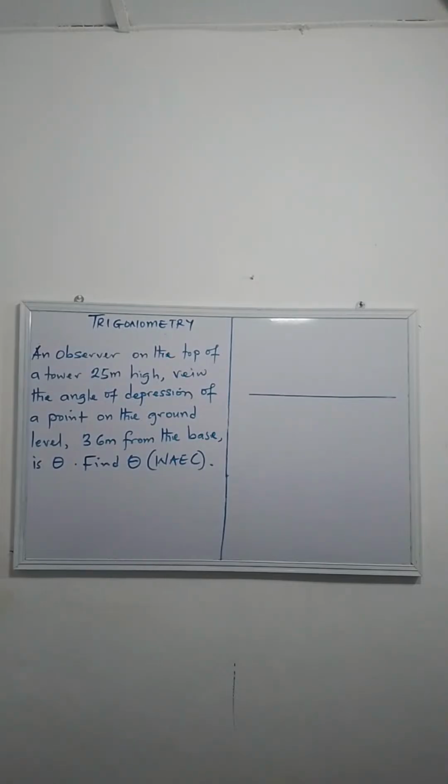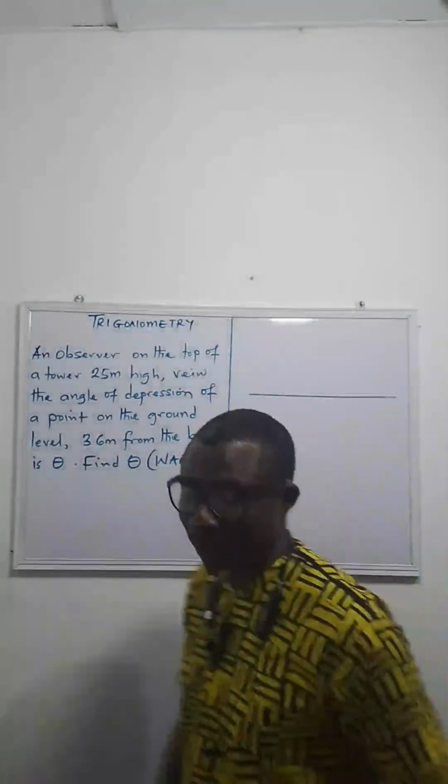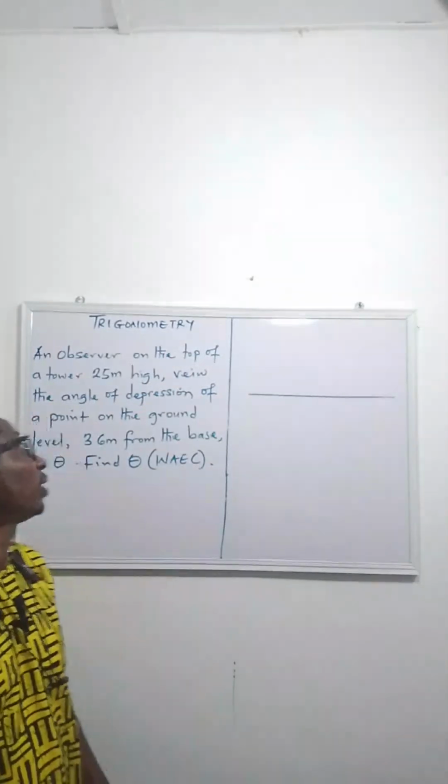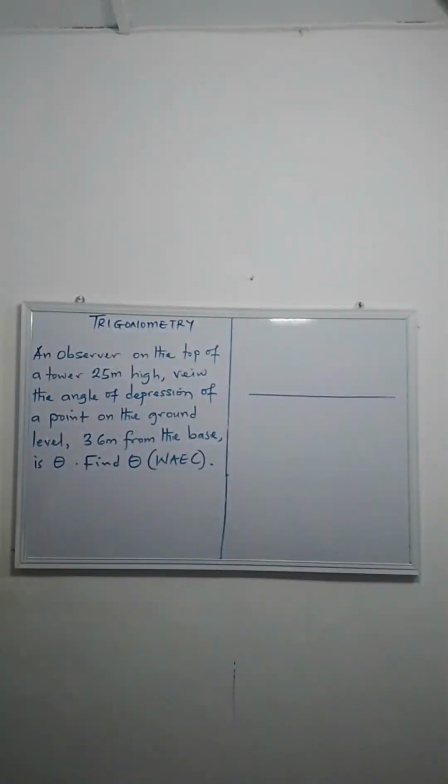Anyone with the answer? Okay, so now let's solve the problem together. Once we are done, you can verify and check with what you have there. Now the question says an observer on the top of a tower. So that means we have a tower where an observer is sitting or standing.